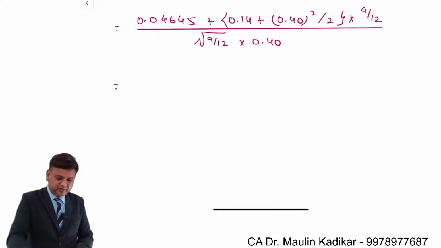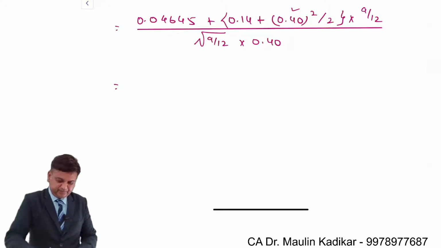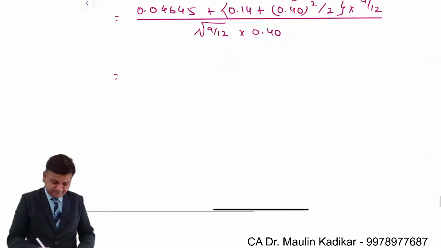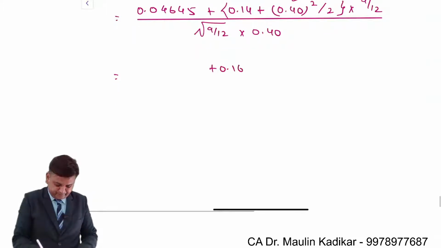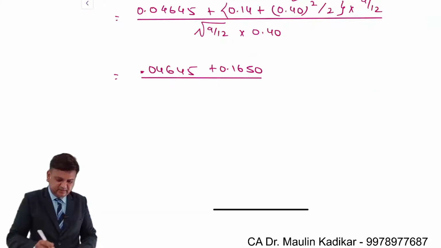So square of 0.4 is 0.16 divided by 2. So 0.08 plus 0.14. So it is 0.22 into 0.75. So 0.165. 0.04645 divided by under root of 0.75 into 0.40.